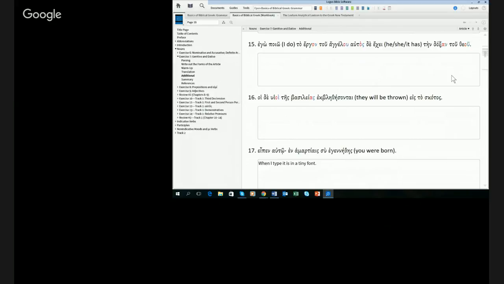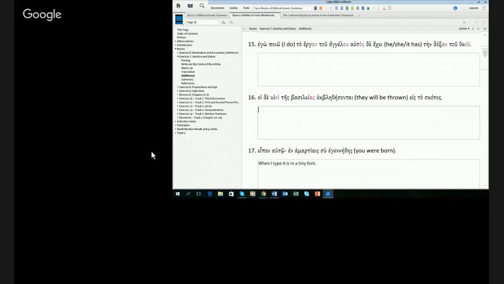Ego poio to ergon tou angelou, I do the work of the angel, autos de echei ten doxan tou theou, but he has the glory of God. Happy? This one was potentially confusing because you have to realize that there's two clauses and the dividing line comes here, not here, because de has to move forward one word for logical sense.